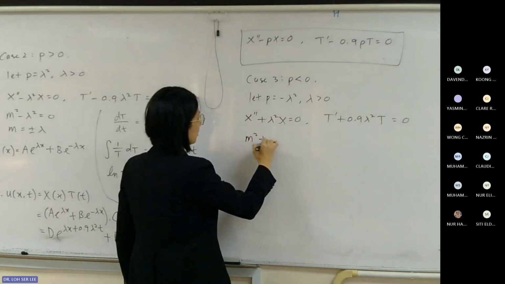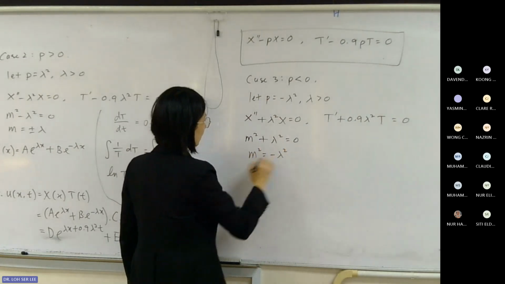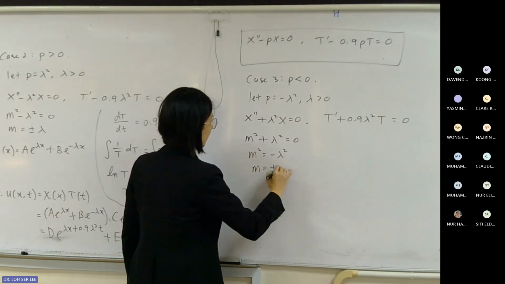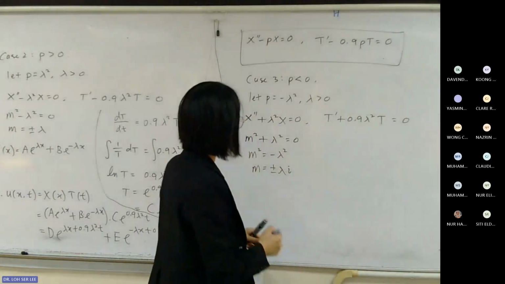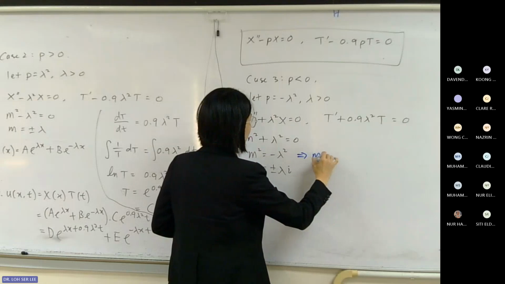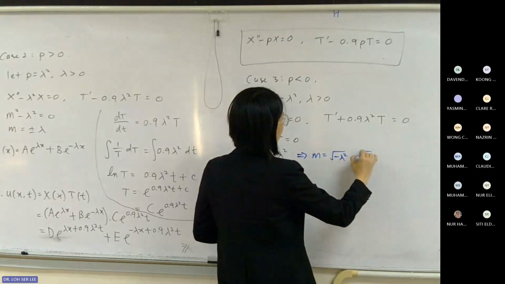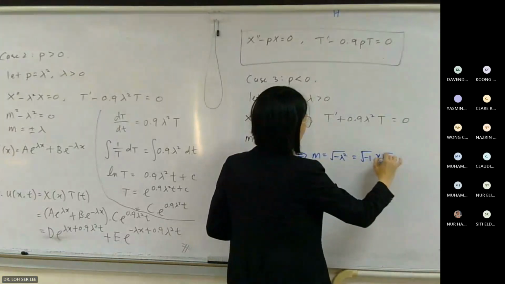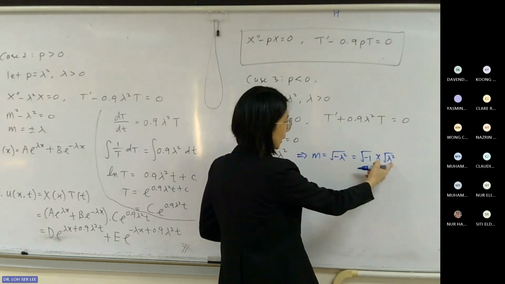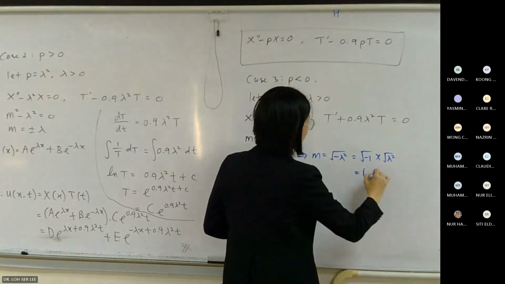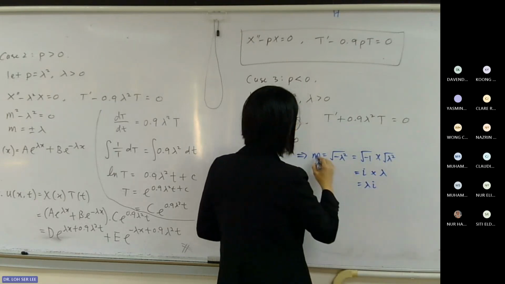Characteristic equation n squared plus lambda squared. So this one, n squared is negative lambda squared. It means complex conjugate. How to get the complex conjugate? N is the square root of negative lambda squared, that means this one is i, this one is lambda. That's why you get lambda, plus minus.